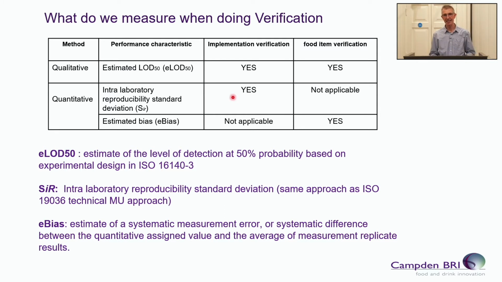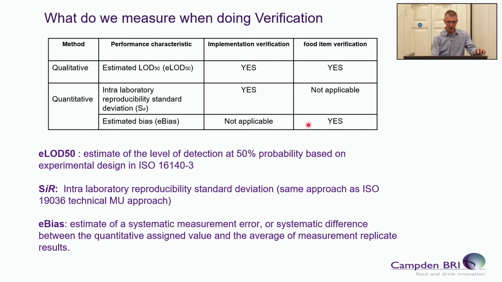It's a nice statistical term. I'm not a statistician, I don't particularly understand it. Doesn't matter, because the ISO standard has links to programs that allow you to put the data you generate in, and they'll do the calculation for you, which is great for non-statisticians like me. So you use this SIR value for doing implementation verification.